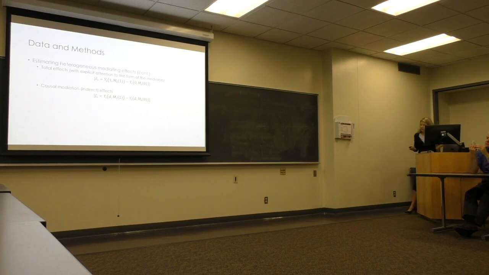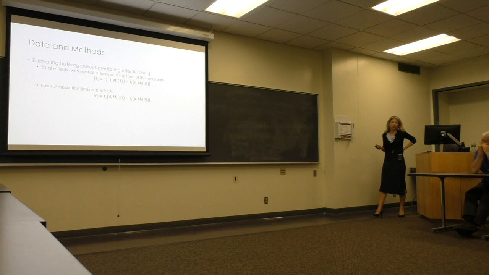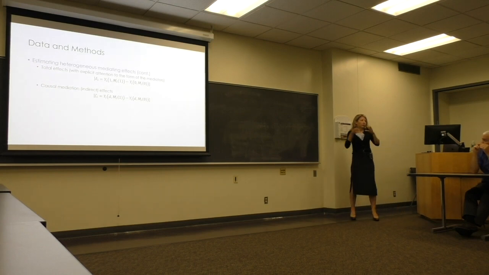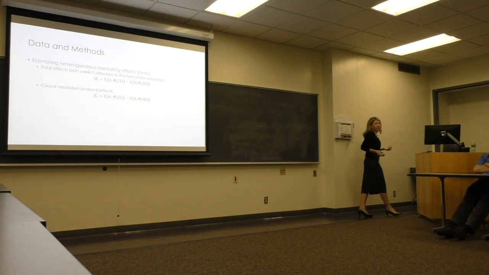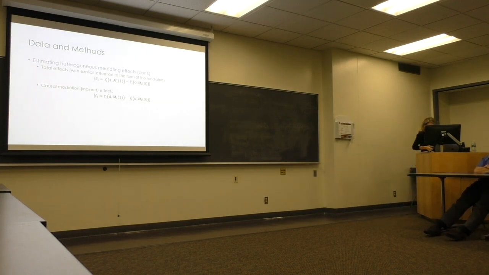Here's the total effect, which is really the same equation that was up previously for the total effect, but now with the role of the mediator being explicitly notated here. And with it, we define the causal mediation effect of the treatment on the outcome through the mediating variable.